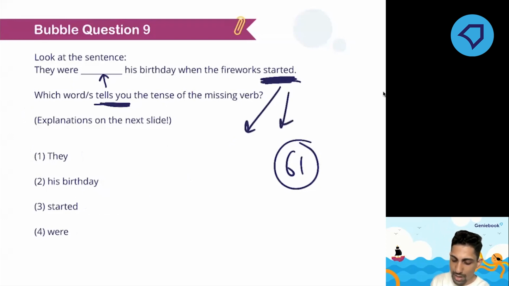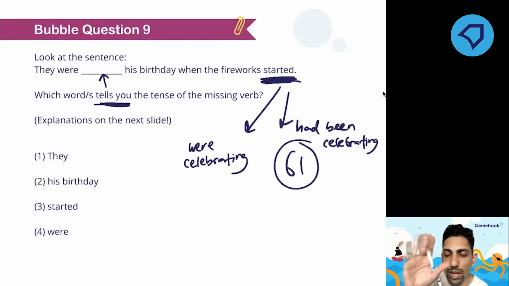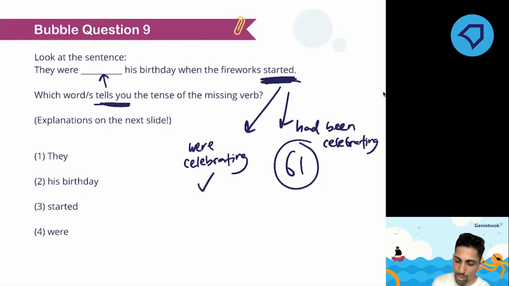It can be were celebrating, or it can be had been celebrating. You see that? A sentence can match both answers. For example, you can say, they were celebrating his birthday when the fireworks started. Okay, makes sense. You can also say, they had been celebrating his birthday when the fireworks started.